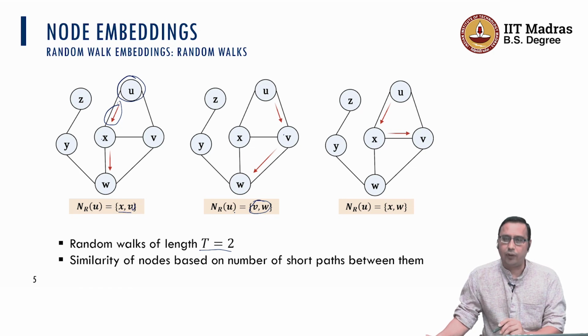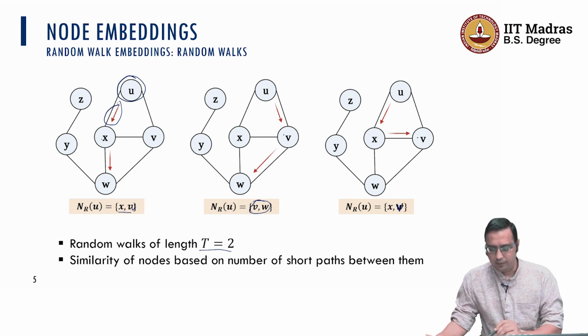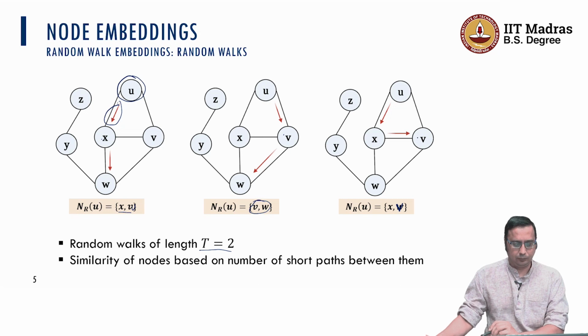Similarly, I have done it for the third one, and I get the third set of neighbors, which is x and v. And now what we are looking at is the similarity of nodes based on the number of short paths they have taken between them. So we have generated random walks of t equal to 2, and I have 3 sets.